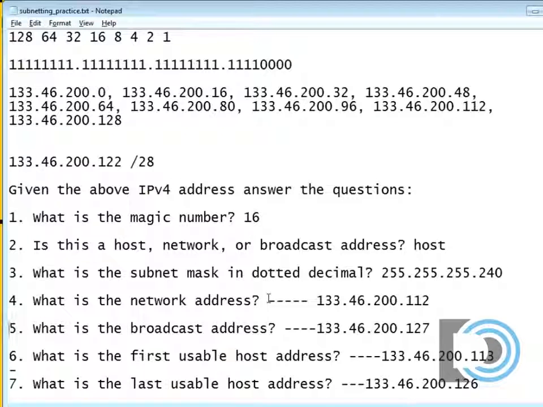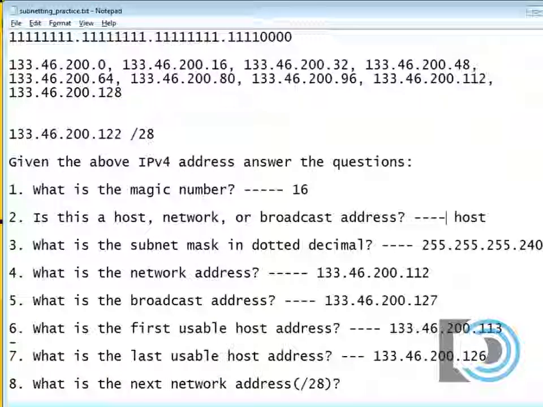And I'm trying to put some dashes in here just to make it visually easier to read. Now, there's another question here that I need to answer, and that is, what is the next network address? Well, the next network address is 128. So I'll put that in here, because you never know, I might need to know it.